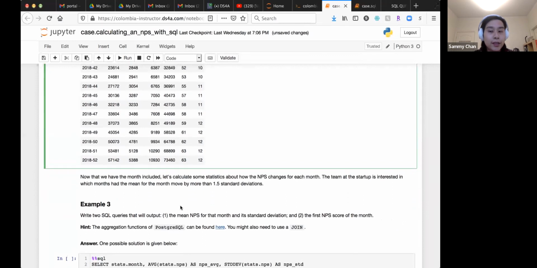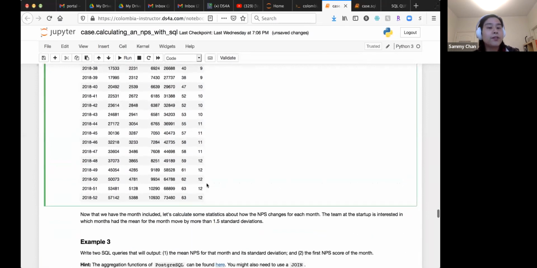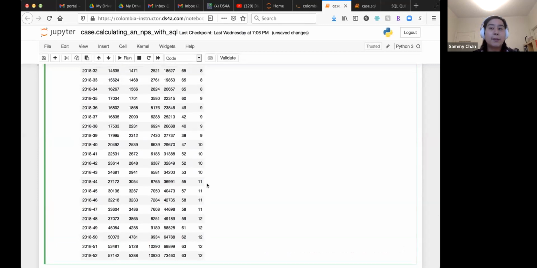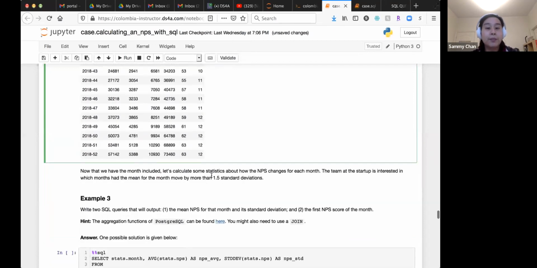So let's see. The team is now interested in the months that had the mean of the month moving by more than 1.5 standard deviations. So the team now wants to locate possibly some serious events that happened causing the score to fluctuate by more than 1.5 standard deviations, as we typically consider that to be a significant fluctuation.